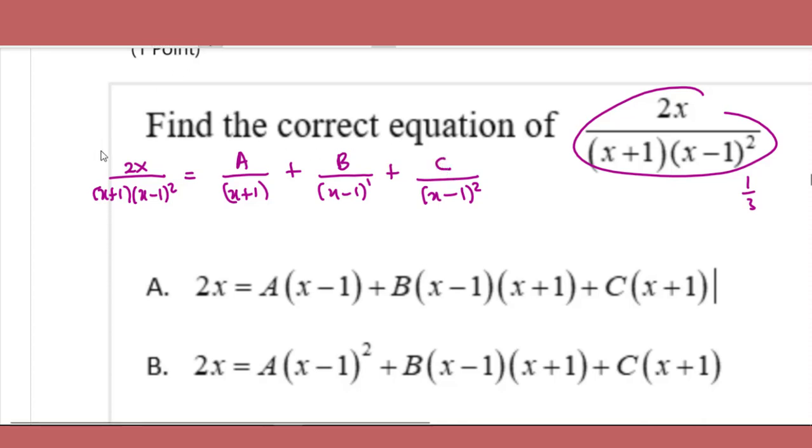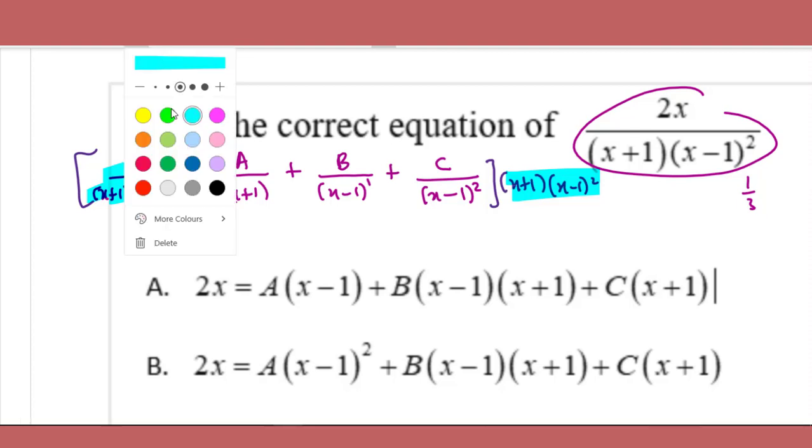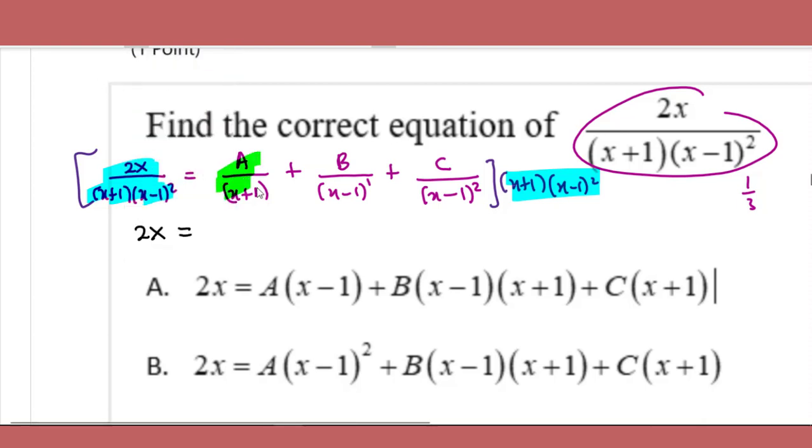Equating by multiplying by x plus 1, x minus 1 squared. Multiply this term like this, so cancel. We get that one is 2x. The next step, multiply this term like this, so cancel. The answer is A times x minus 1 squared.